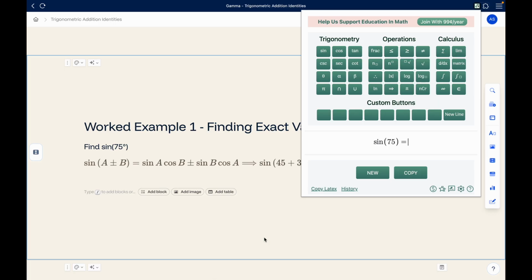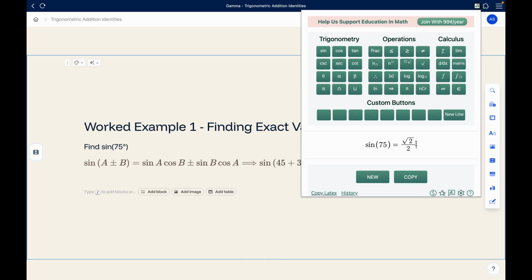Then this is equal to sine 45, which is the square root of 2 divided by 2, multiplied by cosine of 30 degrees, which is equal to the square root of 3 divided by 2, plus sine of 30 degrees, which is equal to 1 by 2, multiplied by cosine of 45 degrees, which is also the square root of 2 divided by 2.